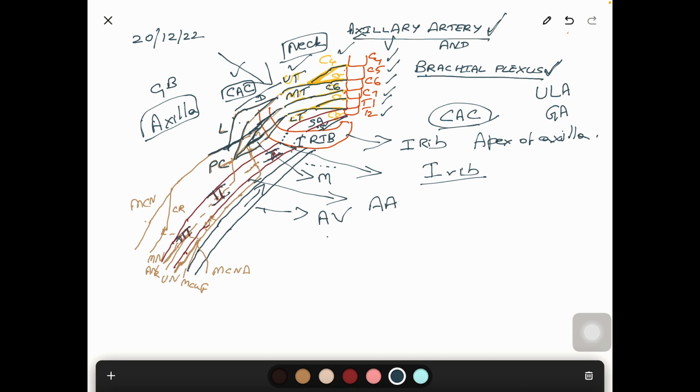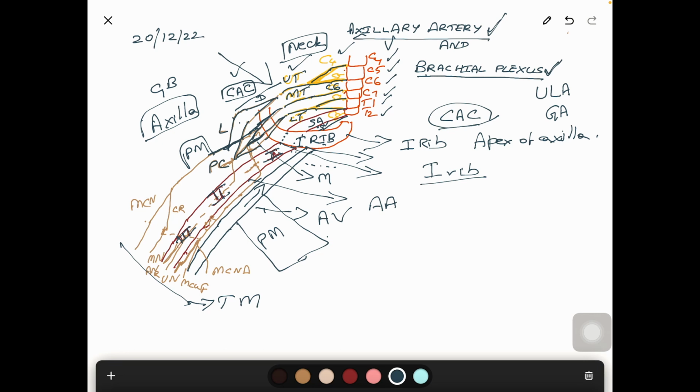This artery is divided into three parts by one muscle, the pectoralis minor, which is now cut so that we can see the relations of the axillary artery. The axillary artery extends from the outer border of the first rib to the lower border of the teres major muscle. That is the extent.